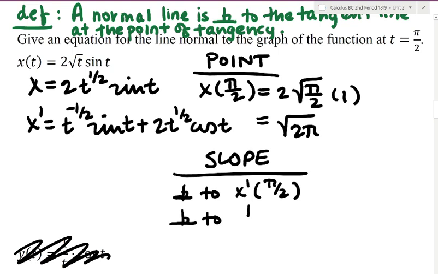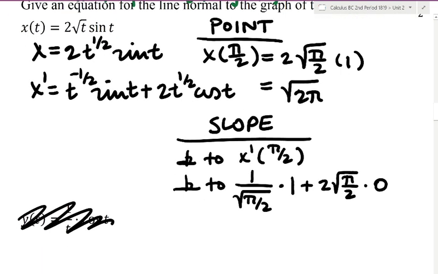So 1 over the square root of pi over 2, that's pi over 2 to the negative 1/2 power, times the sine of pi over 2, which is going to be 1, plus 2 times t to the 1/2, so that'll be 2 square roots of pi over 2, times the cosine of pi over 2. But the cosine of pi over 2 is 0. So that's nice. And so really what this is, I'm going to clean this up, this is all gone, and 1 over the square root of pi over 2 is going to be the square root of 2 over pi.